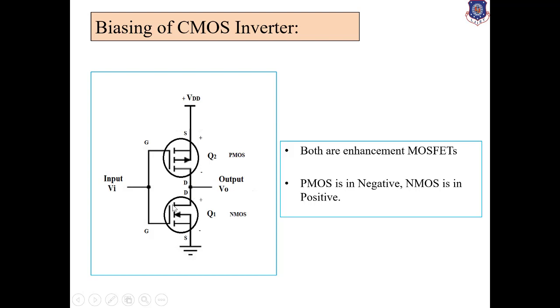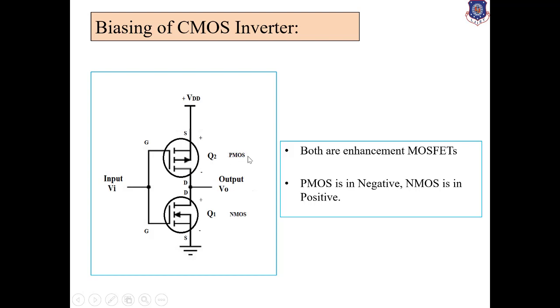See here the circuit diagram. Both drain terminals are common and we are taking output from this common point. Input is applied to the common point of both gate terminals, right? The source terminal of NMOS is grounded. And here you can see the source terminal, this is S. The source terminal of PMOS is connected to the plus VDD supply.